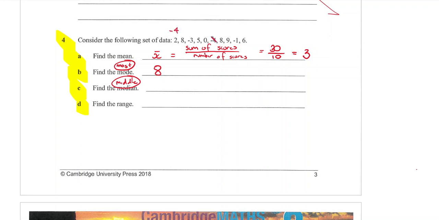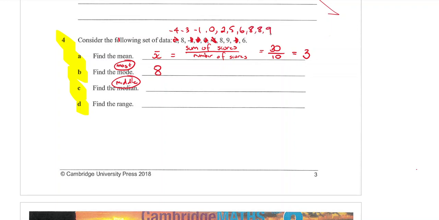Then -3, minus 1, then 0, 2, 5, 6, 8, 8, 9.